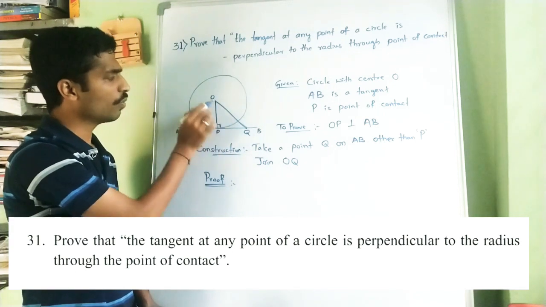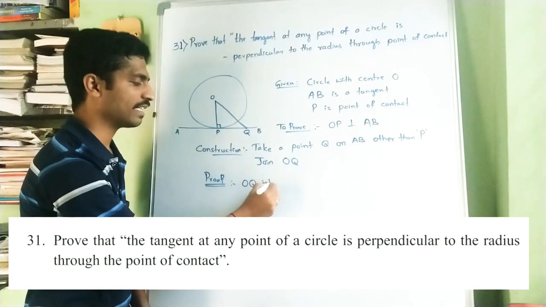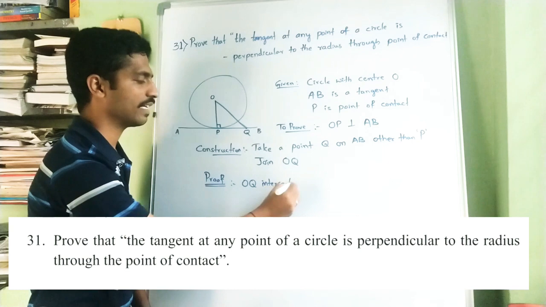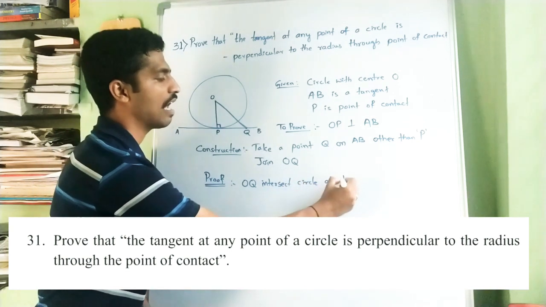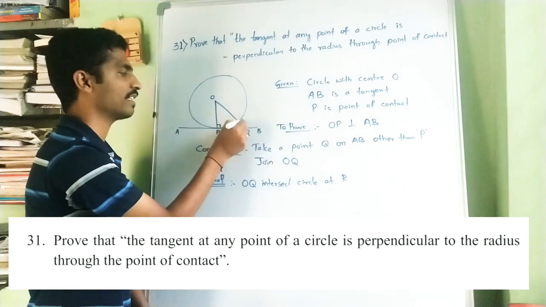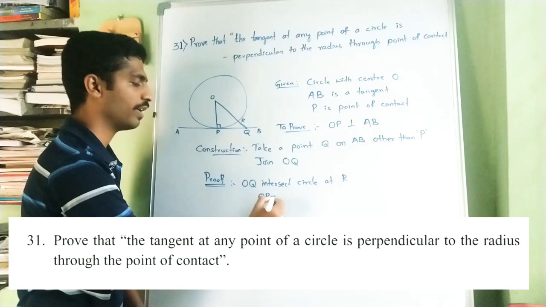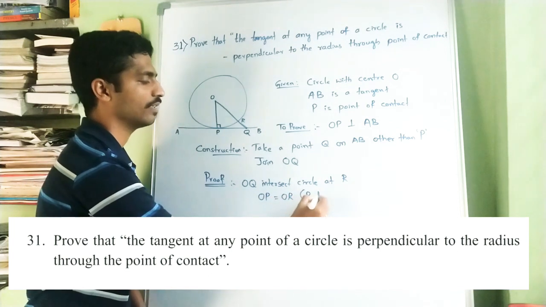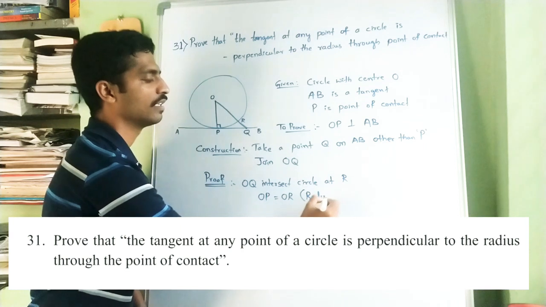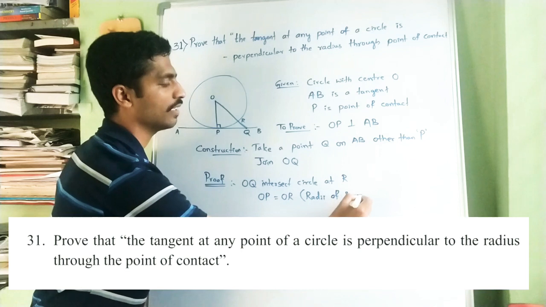This OQ intersects the circle at R. Here it is intersecting. It means OP equals OR. Why? Radii of the same circle. Both radii are of the same circle.